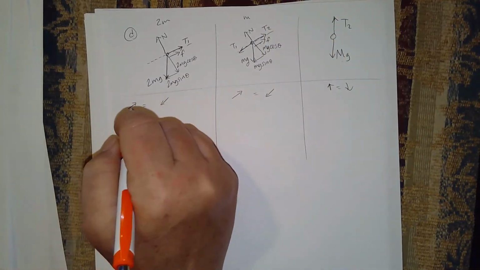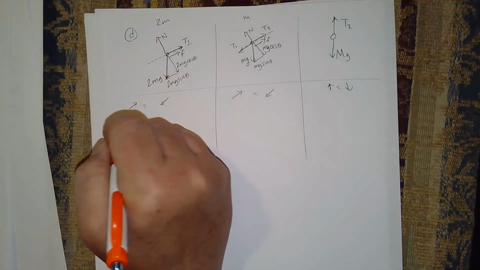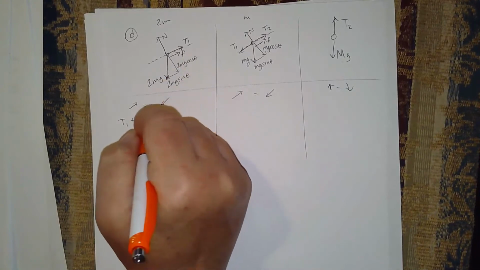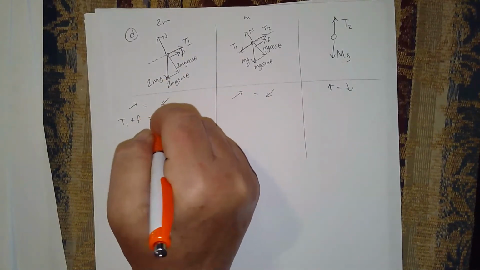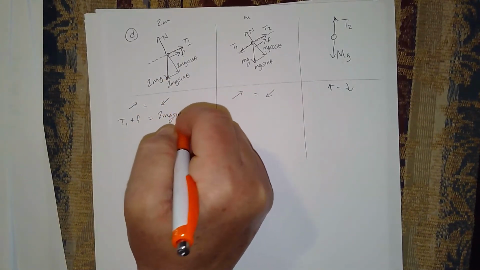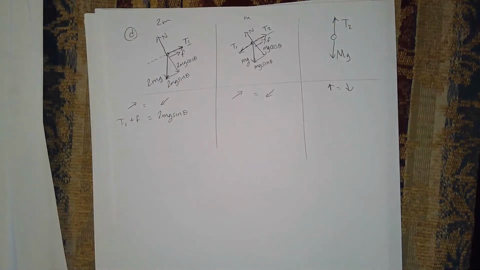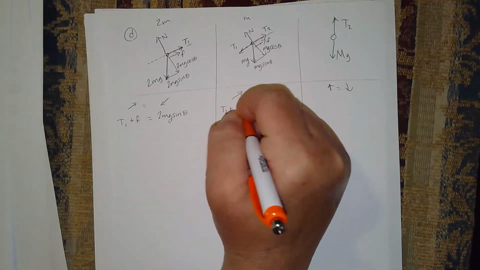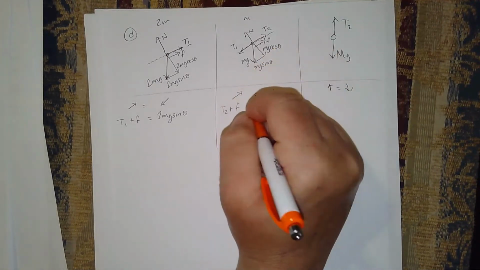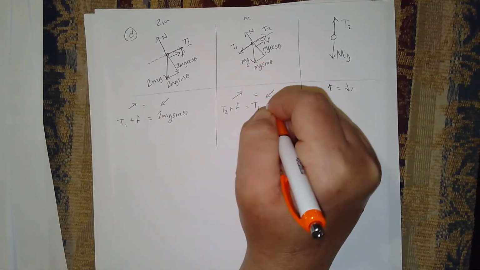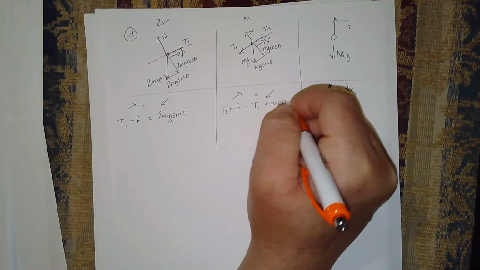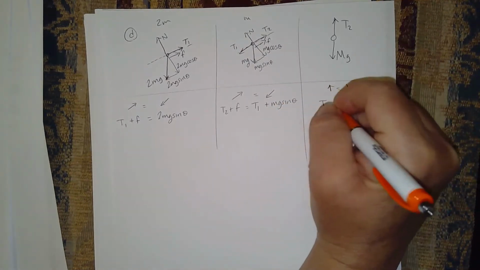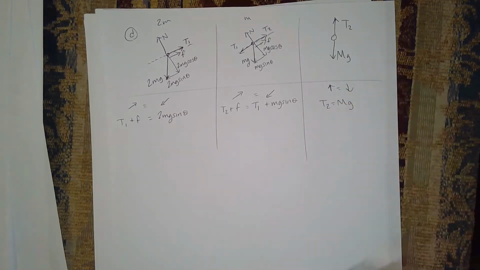So we look at this and say, T1 and friction are that way, and then this 2mg sine theta is down. For this one, T2 and friction are to the right, T1 and mg sine theta are to the left. For this one, it's still T2 equals mg.